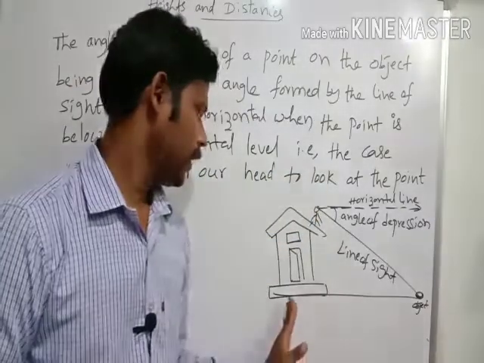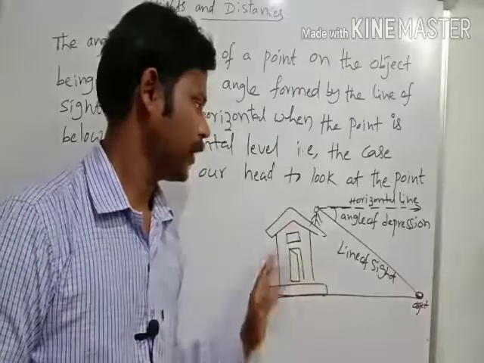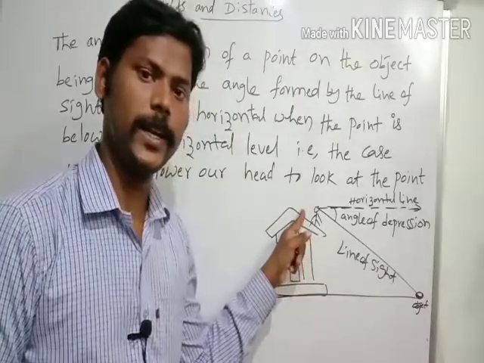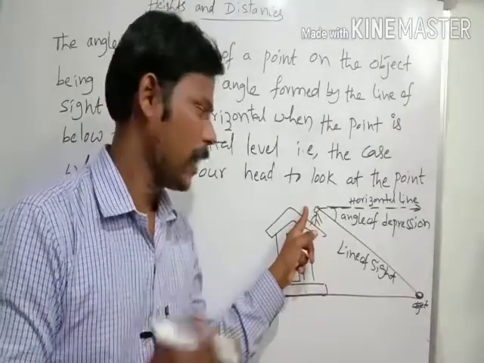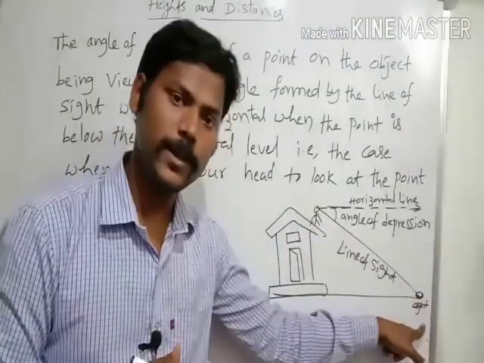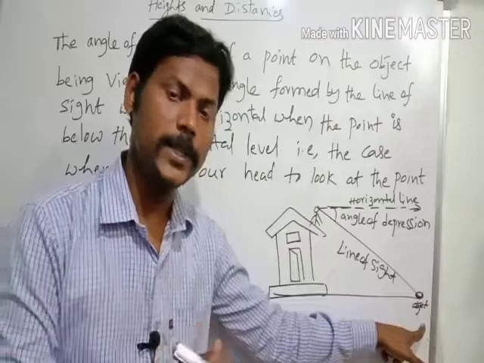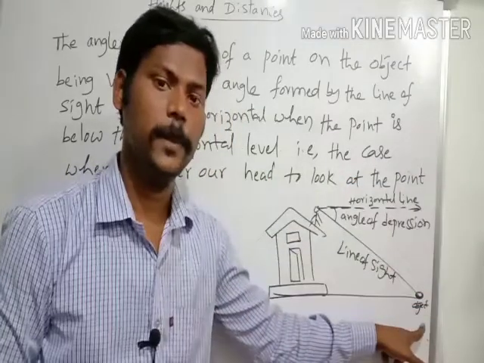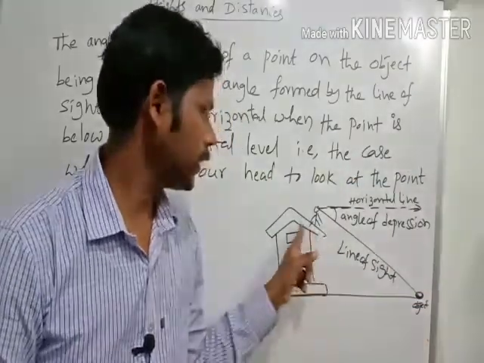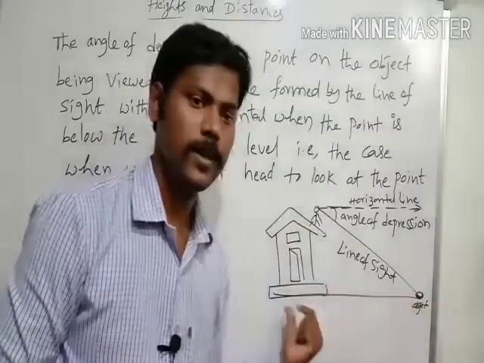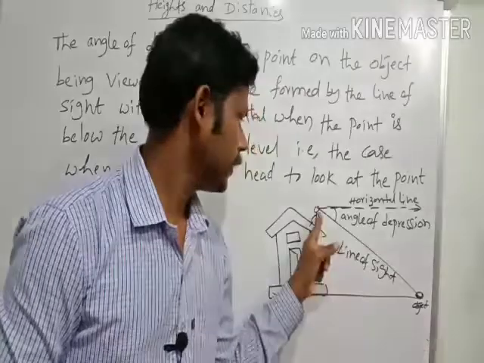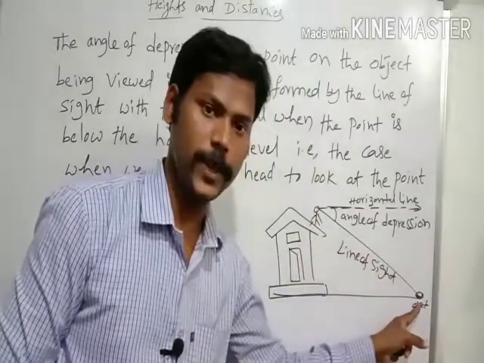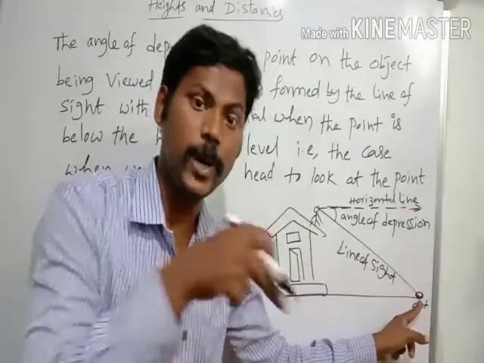Take a building. Here a person is standing on top of the building. The person is observing an object below, somewhere down the building, on the ground. See here, children, this is the ground distance from the building to the object. This is the line of sight, that means the observer is looking down.